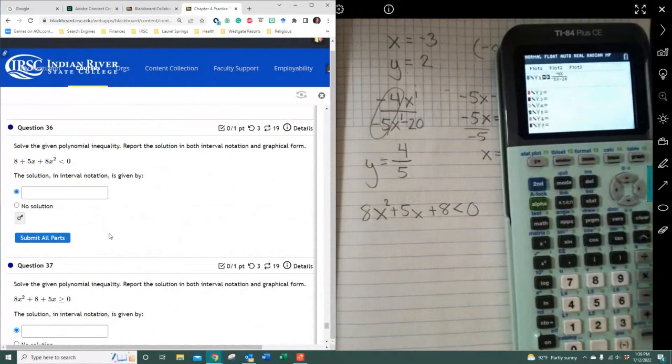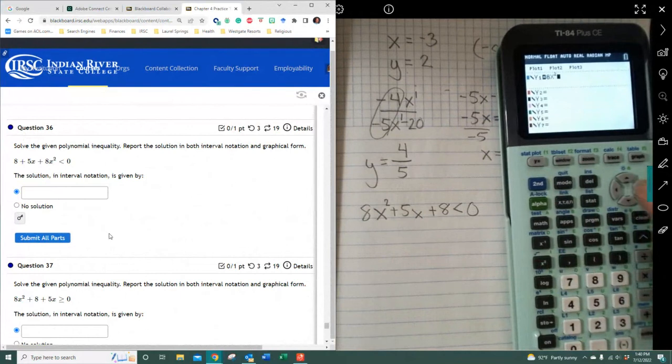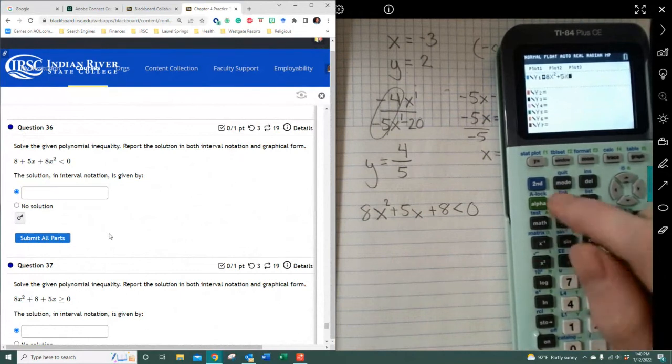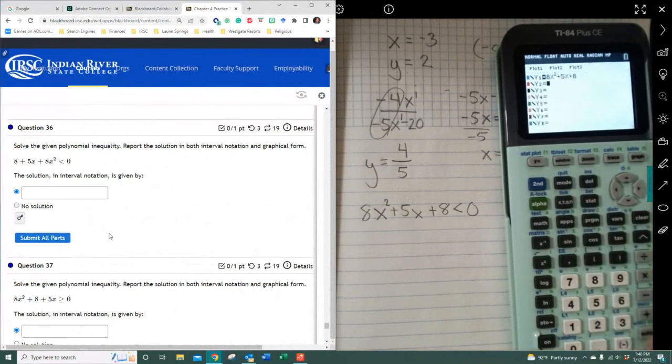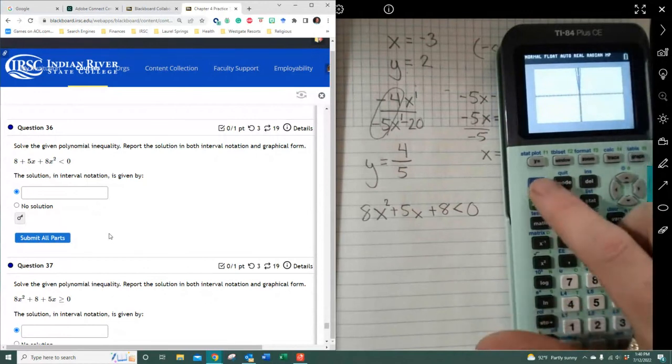So what you do is you come into your graphing calculator and you punch in the equation. You hit graph, and you see that right here, the graph is above the x-axis the entire time.